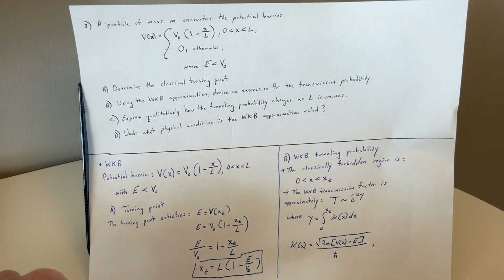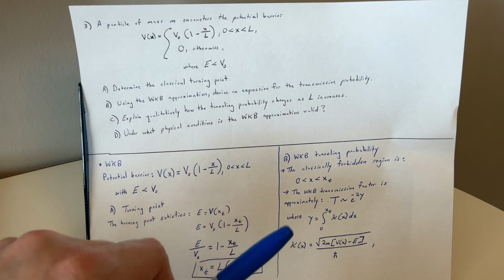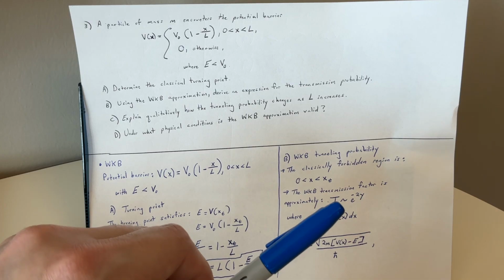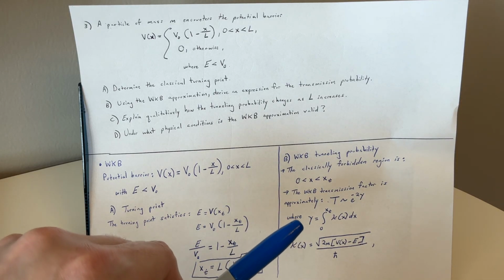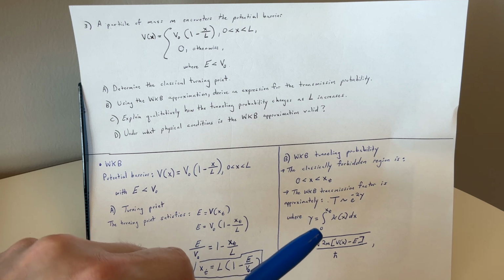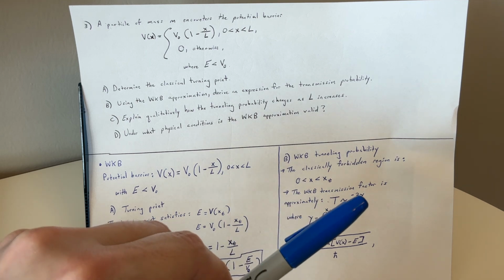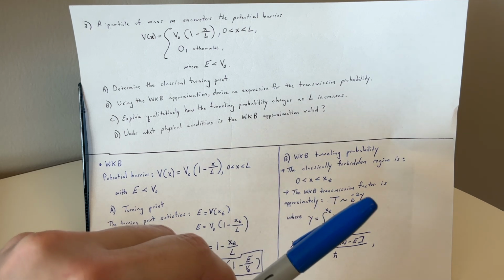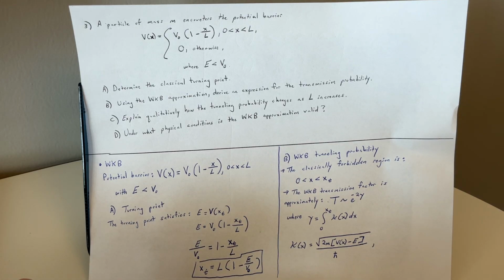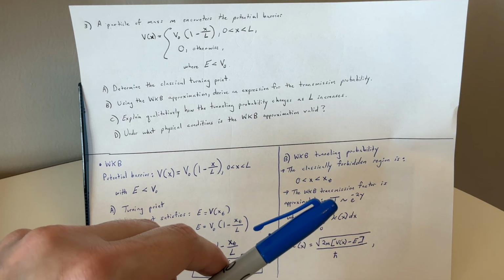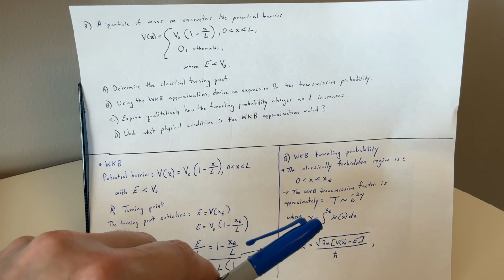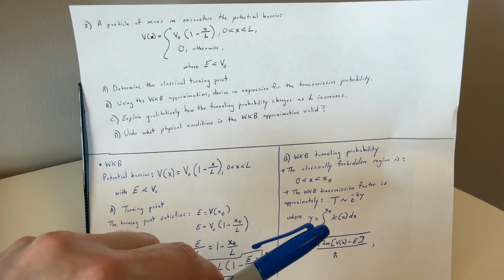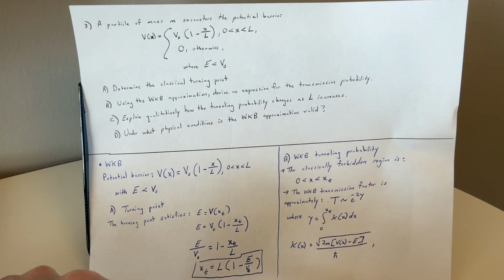So the WKB transmission factor T is approximately e to the negative 2 gamma, where gamma equals the integral from 0 to x sub t of kappa of x dx.